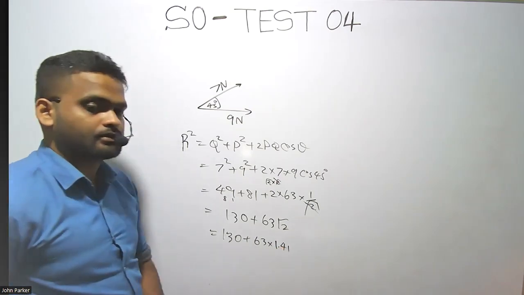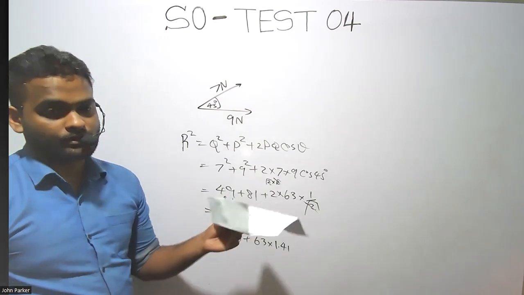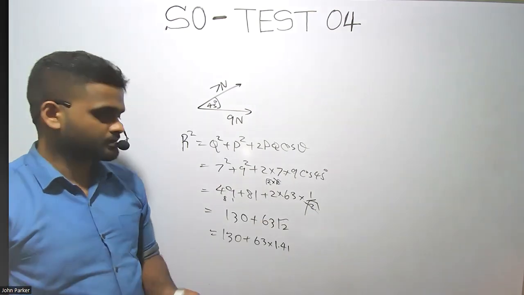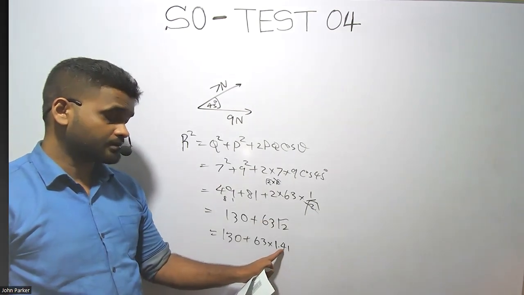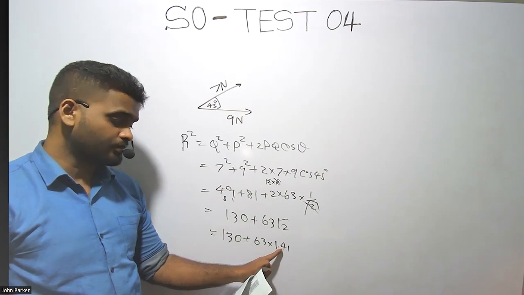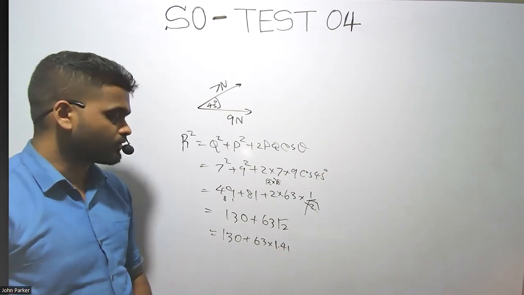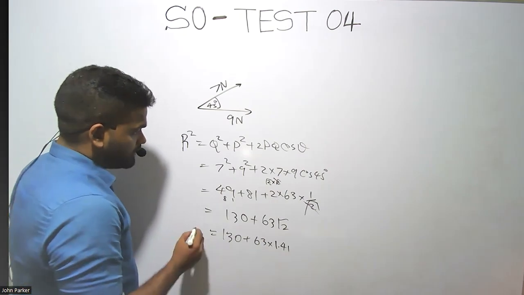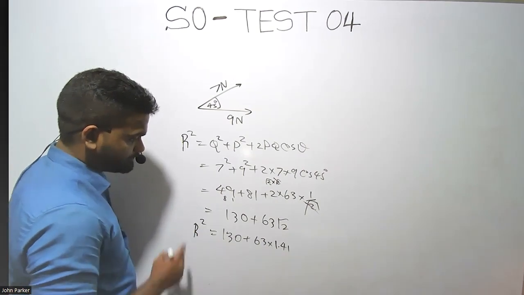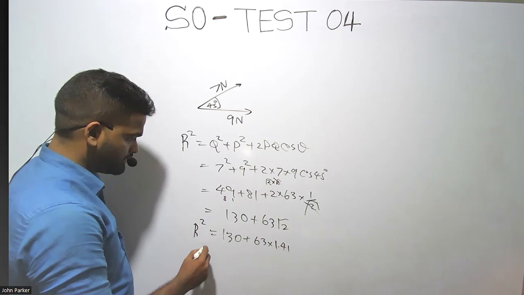So if you substitute, they are asking the accuracy up to 2 decimal points. So you need to substitute 2 decimal points, right? Otherwise you would get a wrong answer there. So this is r squared. Okay.